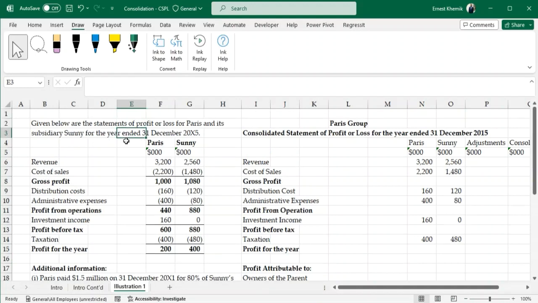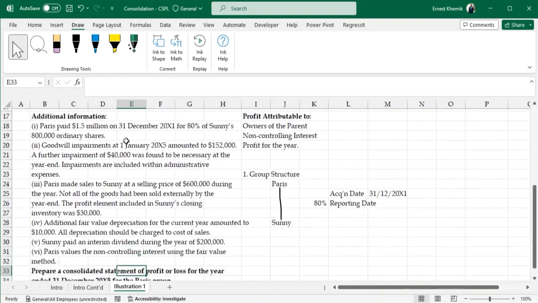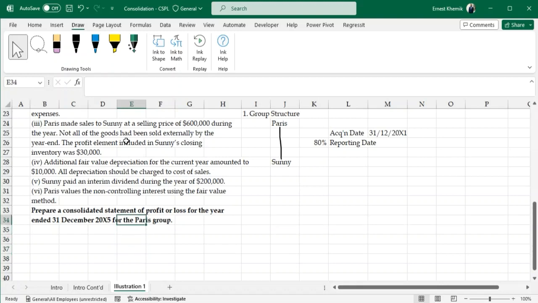So as we can see here, given below are the statements of profit or loss for Paris and its subsidiary Sunny for the year ended 31st December 20x5. So that's the reporting date. Or you can find the date in the requirement of the question: prepare a consolidated statement of profit or loss for the year ended 31st December 20x5. So as we can see there, the reporting date is 31st December 20x5. So this one has no issues. So we have 31st December 20x5 right there.